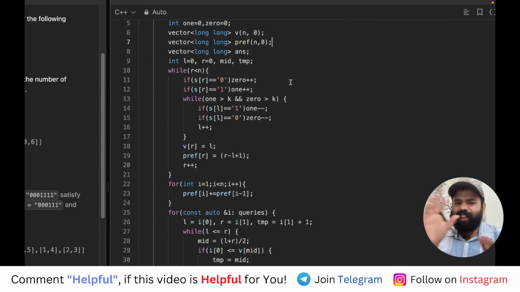As the name says, look, what are we doing in v? For v, whenever I see a sub-array starting from L to R which is a k constant array, I will store it in this v. For this L, it has a possibility for R. Let me give you an example. I will start from L0, R0 and I will move on.